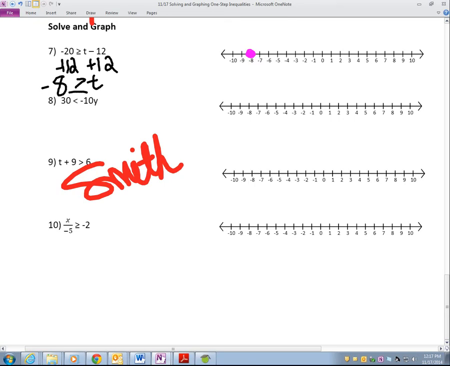So if I'm reading from right to left, what's that going to be? McLean? T is less than or equal to. Yes.